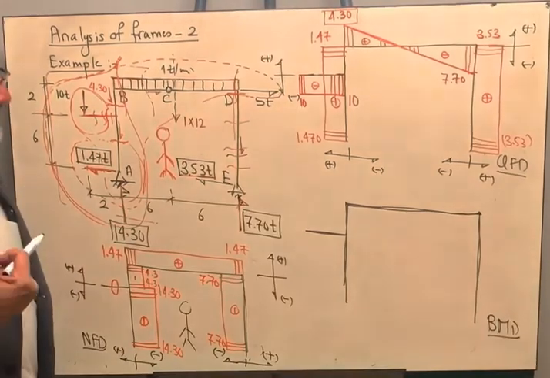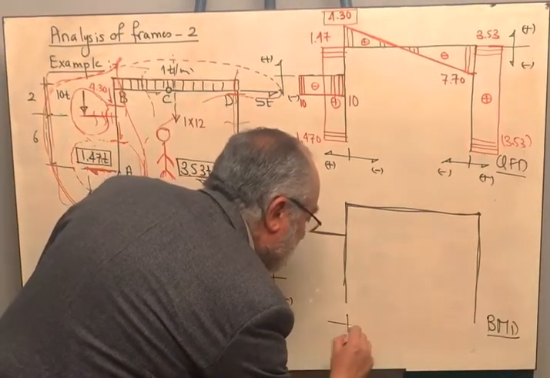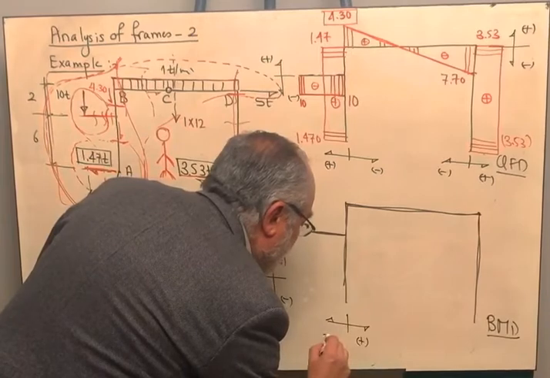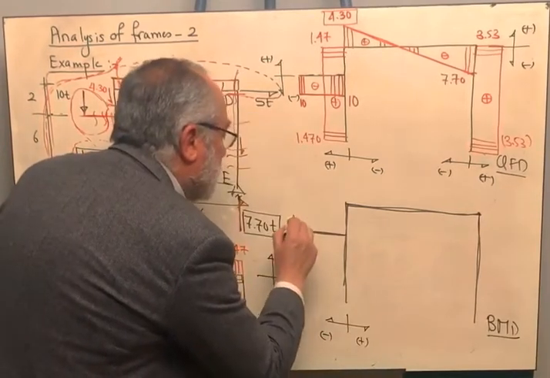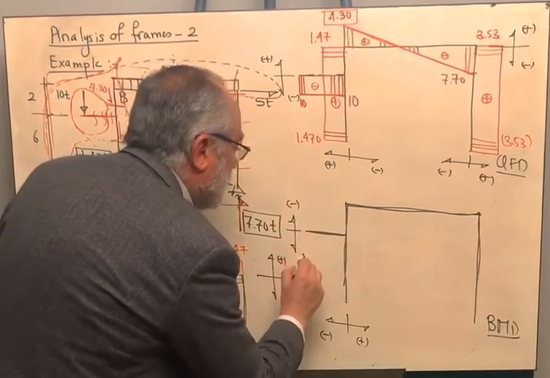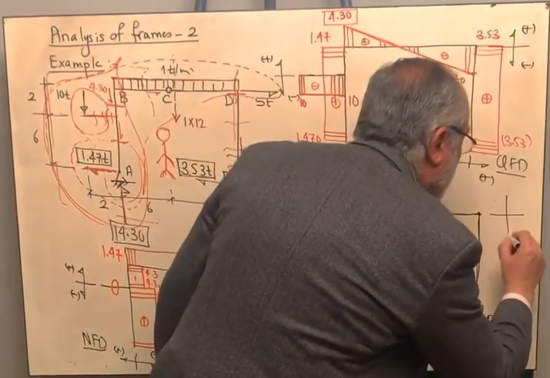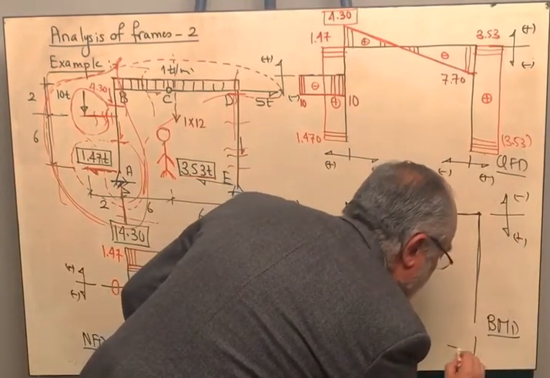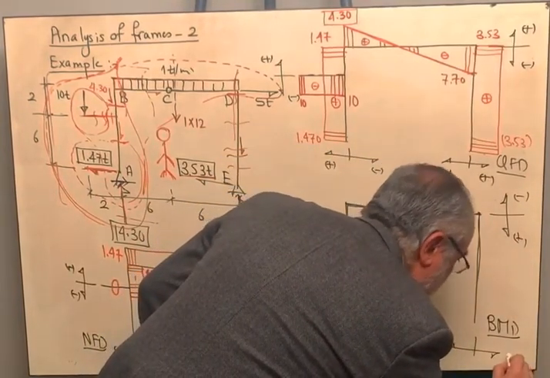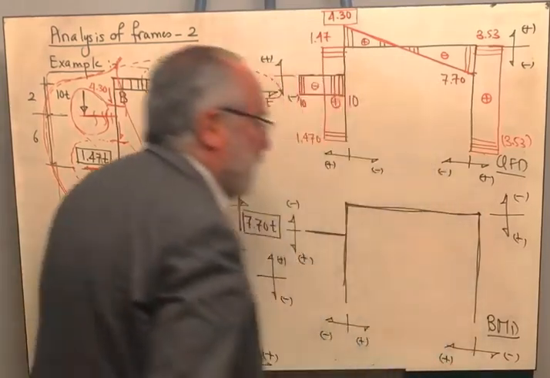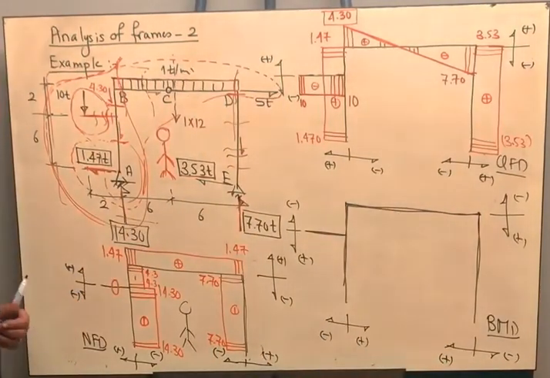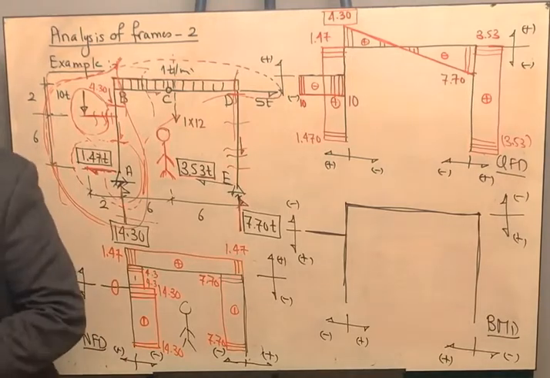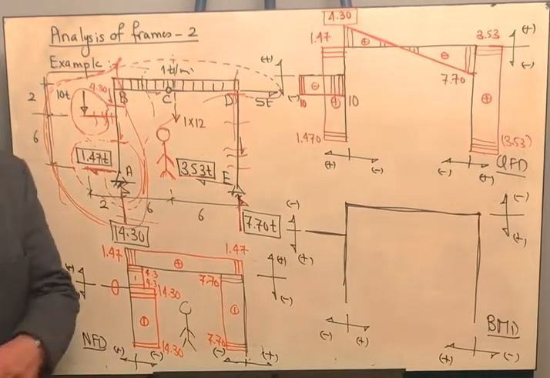The near side is the positive and the far side is the negative. Here, the near side is the positive and the far side is the negative, and here, negative and positive. Let us start now for the bending moment diagram. I will have to erase this, please, because I need this part while I'm explaining.